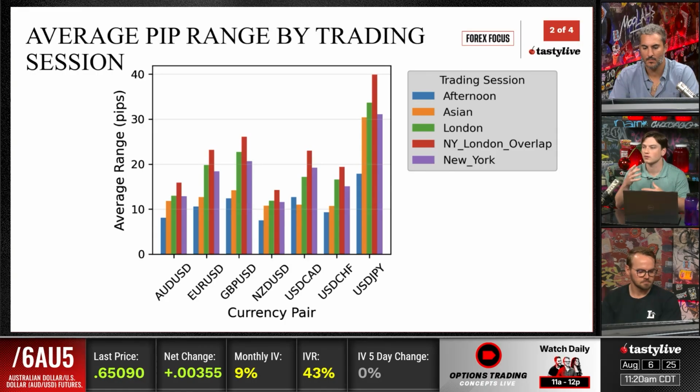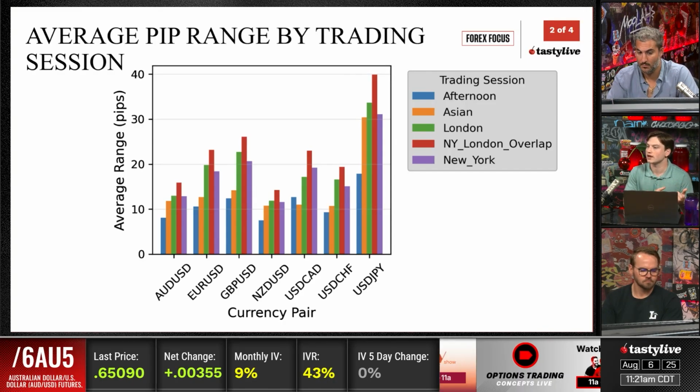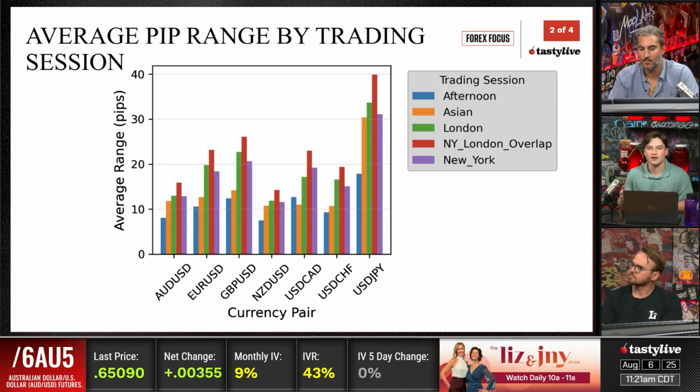And then you also have to factor in what the margin requirements are if you're looking at both ends of that spectrum, comparing Australian dollar and Japanese yen. With the same amount of capital, you're able to put on more leverage with the Australian dollar than the Japanese yen.